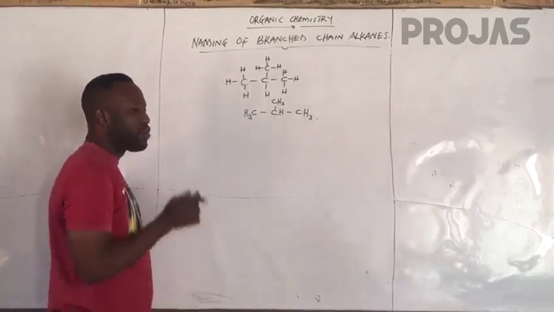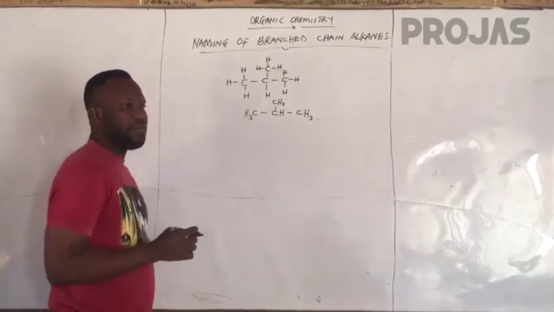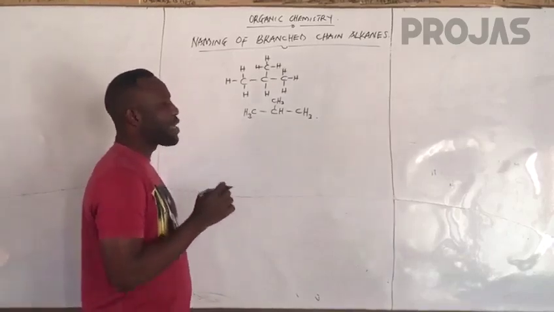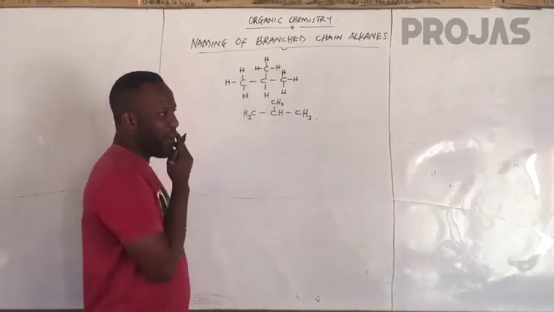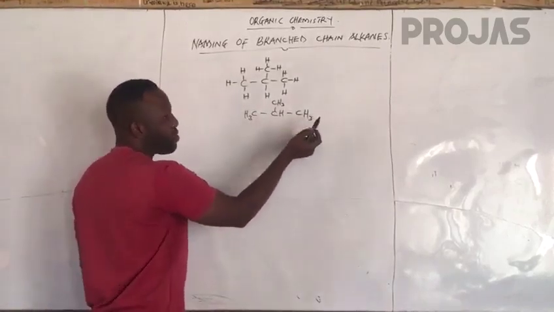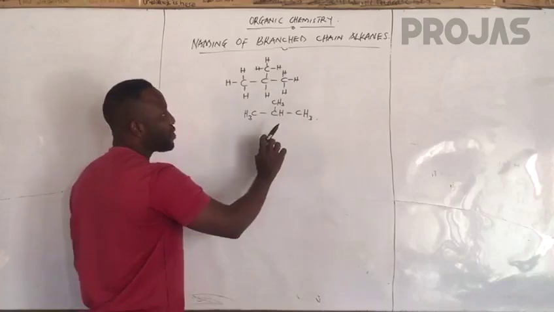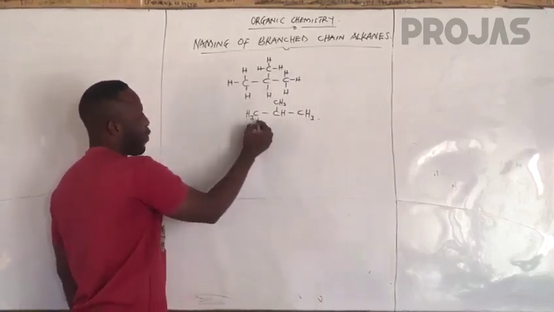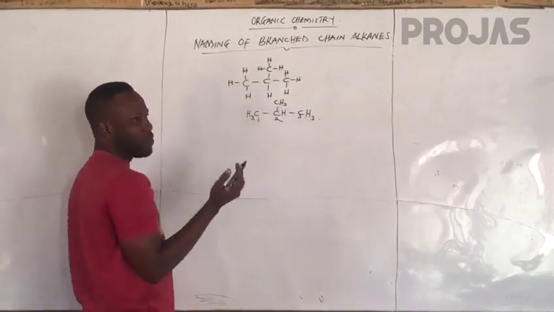Now, the first thing we need to know here, the first IUPAC rule that we need to know, is for us to identify the longest continuous carbon chain. When we say longest continuous carbon chain, it is by counting the number of carbon atoms continuously, not going forward and then coming back to count. Just like you say 1, 2, 3, that's continuous.